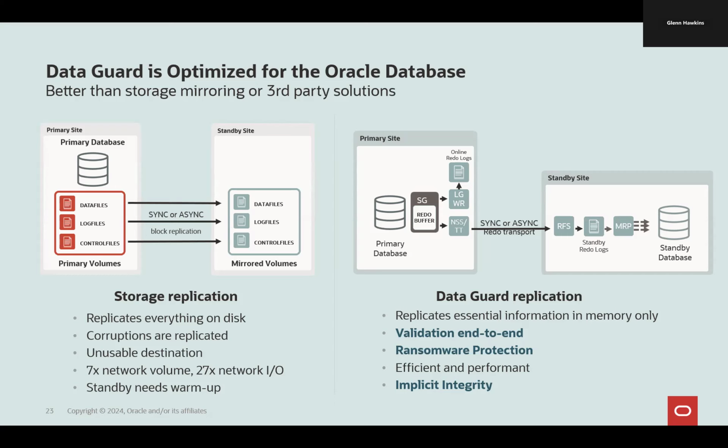That's your async. That's why a lot of people will have a local standby, which gives them a lot of protection from different types of outages. And then they'll have a remote standby as well, set up in another data center, maybe hundreds or even 1,000 miles away. And they'll use async for that. Because if I use synchronous for that distant standby, my transactions are now waiting to commit, waiting for acknowledgement from the standby.